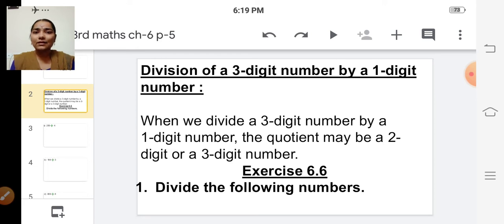So, we will get the quotient as a three-digit or two-digit number. Okay, children? Because we are going to divide three-digit numbers, isn't it?